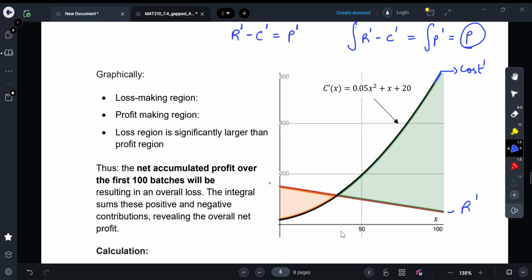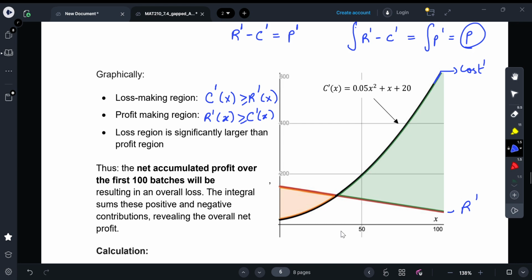The loss making region is where the cost is higher than the revenue per batch. The profit making region is where the revenue is higher than or equal to the cost, right? Makes sense. Profit is when you make more money than cost.